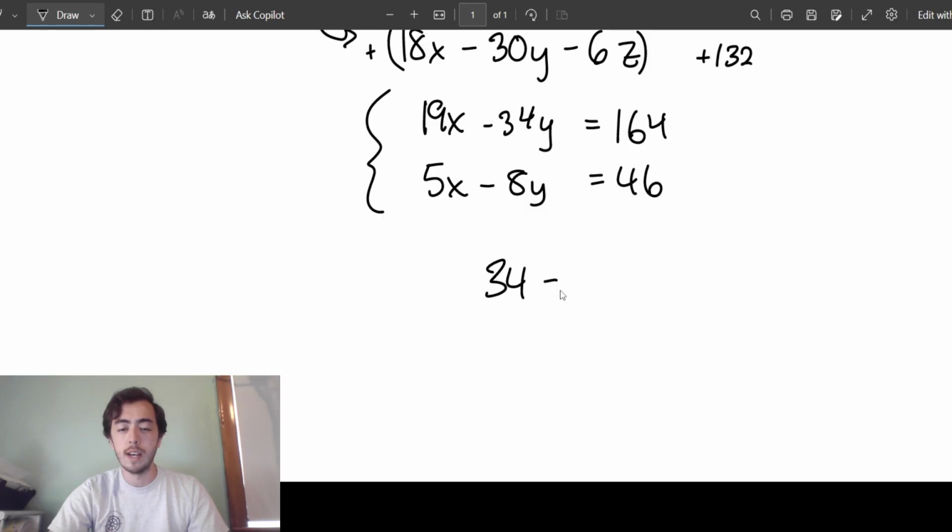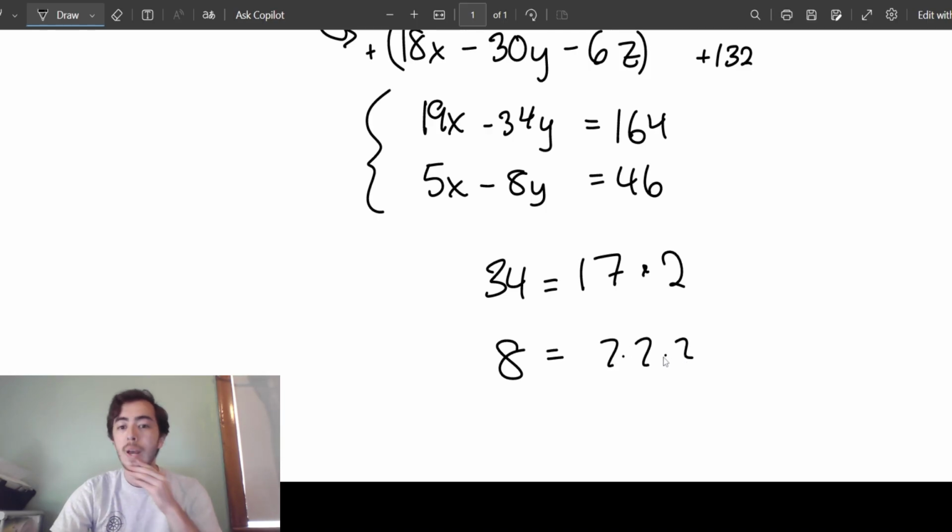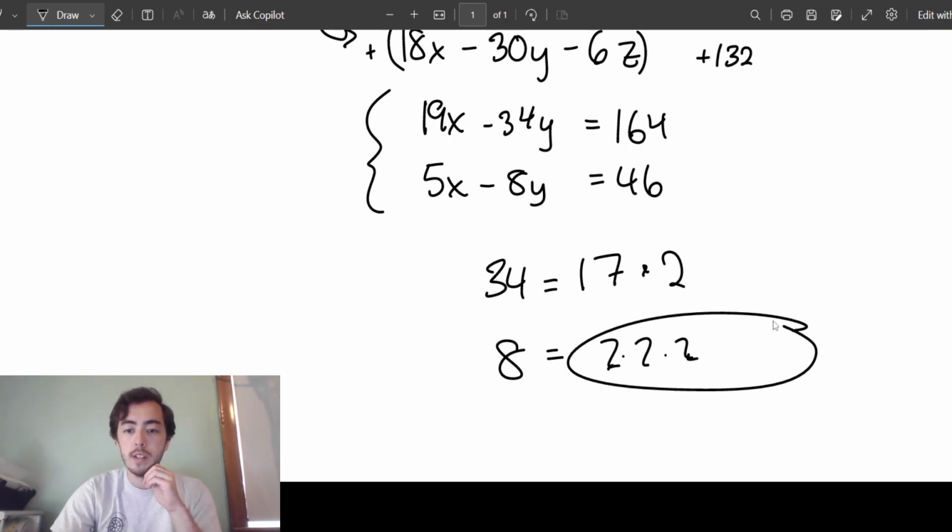34, let's see, that is going to be 17 times 2, I believe, because that's 20 plus 14. And then 8 is 2 times 2 times 2. And to find their least common multiple, I essentially just need to multiply on any factors that I don't see here and I do see there.